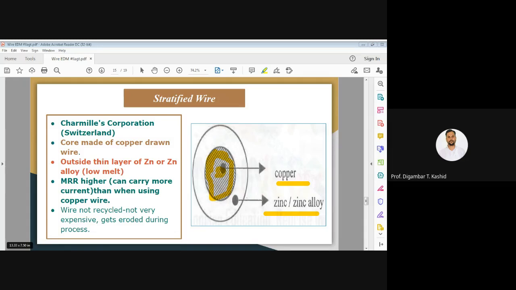During the machining, during the sparking, this outer zinc layer will melt, but the core temperature does not reach the melting point of copper.